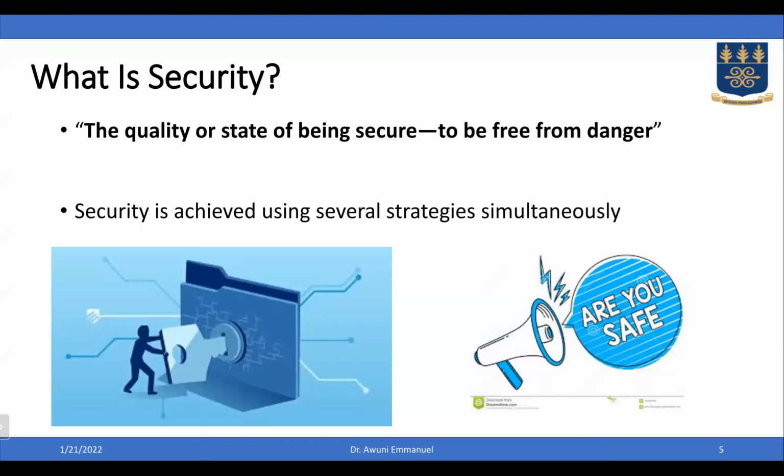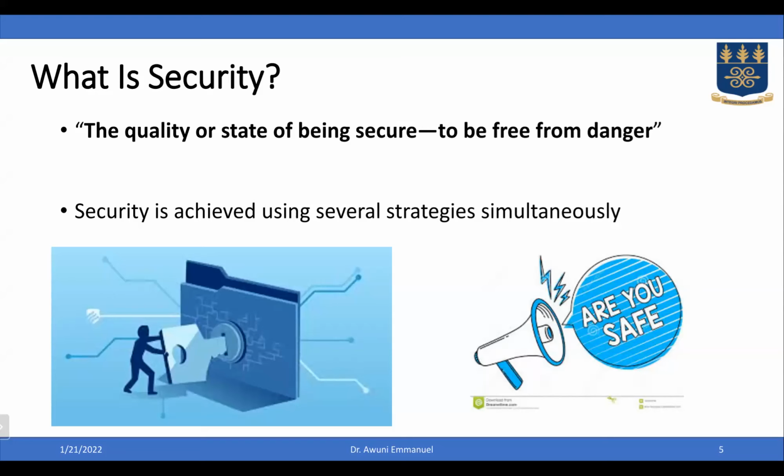I remember that when I started this lecture, I started by talking about assets. Someone gave a very nice explanation in respect of assets. Then I moved further by talking about information assets. Now we are talking about security, meaning that this information asset has to be protected.